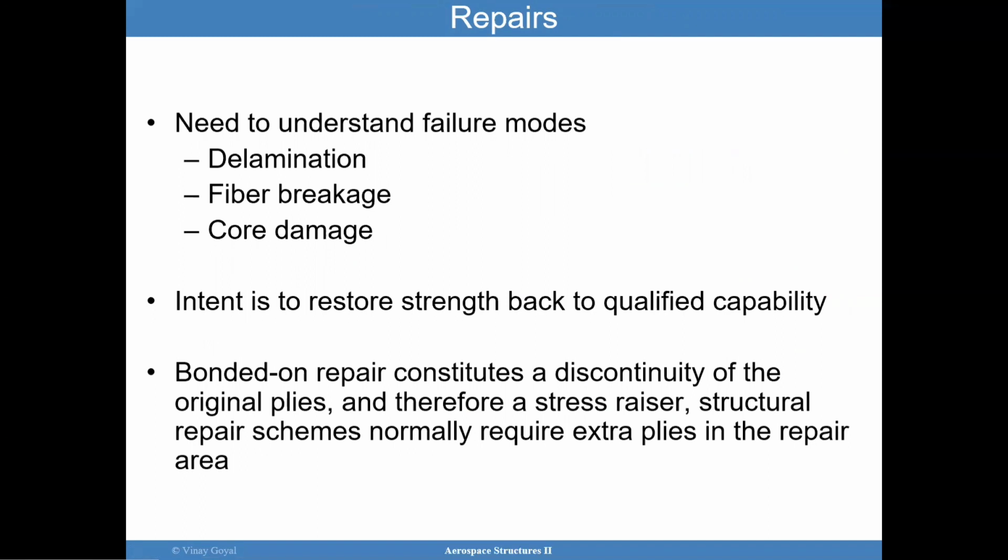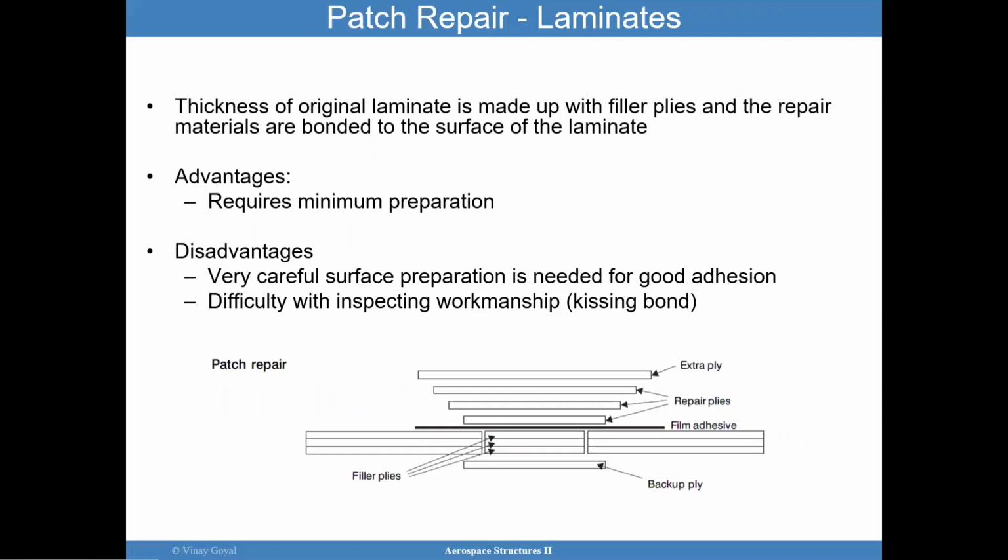And so analysis comes into play, and that's why it's so important to understand these failure modes. Bonded scarf repairs constitute a discontinuity of the original plies and therefore a stress riser. And so structural repair schemes normally require extra plies in the repair area. So it's very important to have a robust repair that restores the strength of the composite.